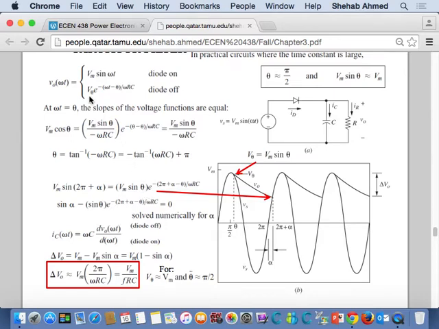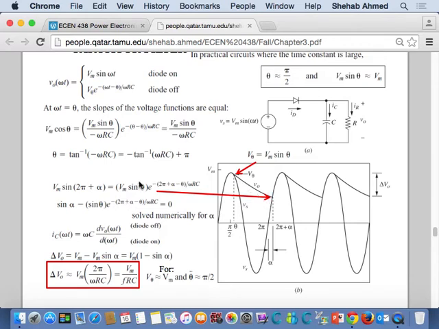If I take my exponential waveform, which is this, v theta happens to be v max sine theta at this point, and write the exponential equation at 2 pi plus alpha, so instead of omega t, I write 2 pi plus alpha, I end up with v max sine theta times exponential of minus (2 pi plus alpha minus theta) because of the shift in axis in the exponential here, and then divide that by omega RC because I have an RC time constant. So I equated the exponential and my sine wave at the point 2 pi plus alpha.